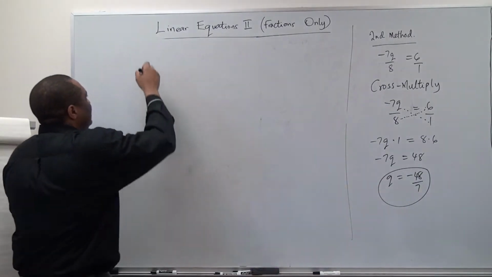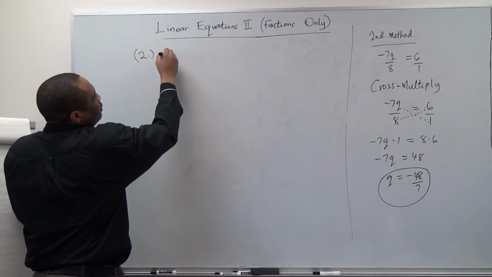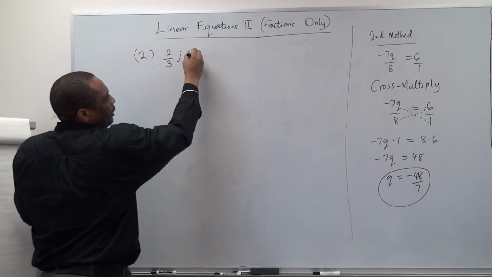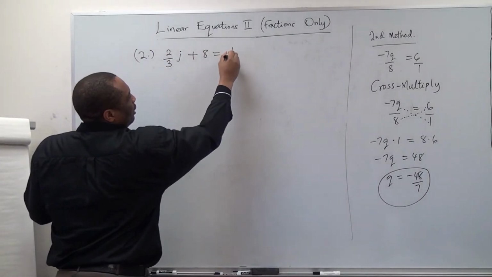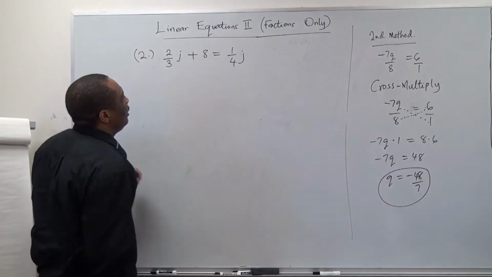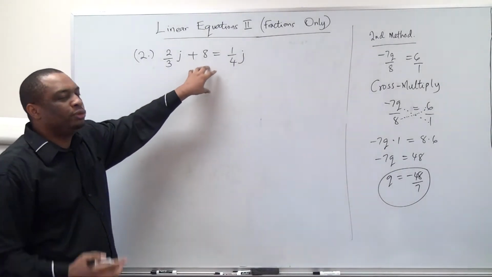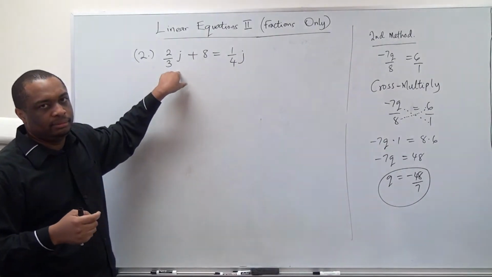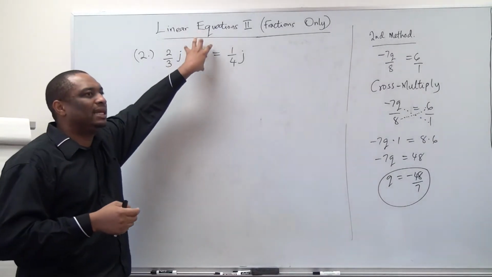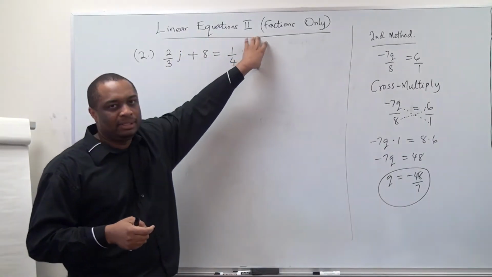Okay, number 2 says 2 over 3j plus 8 equal to 1 over 4j. Now, if you look, you have two terms on the left. You no longer have a single term on the left and a single term on the right.